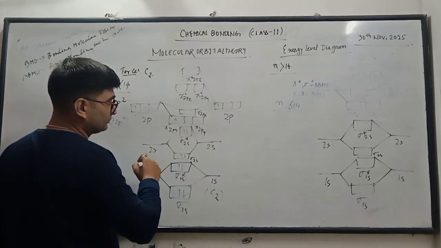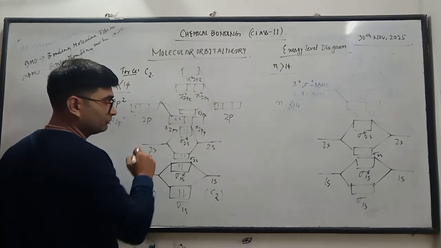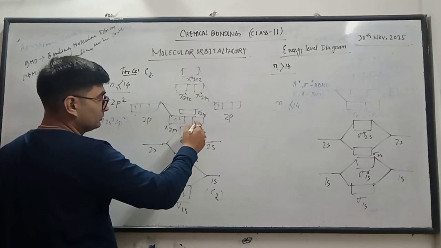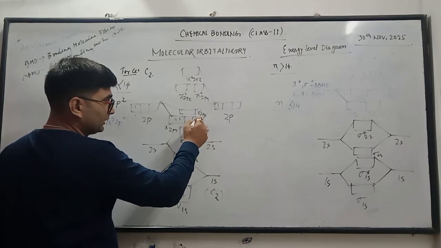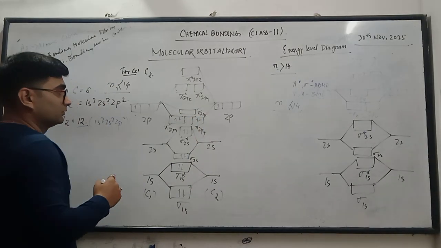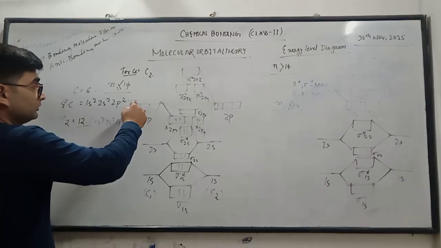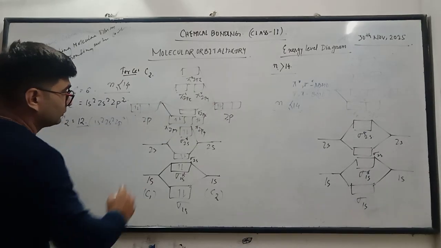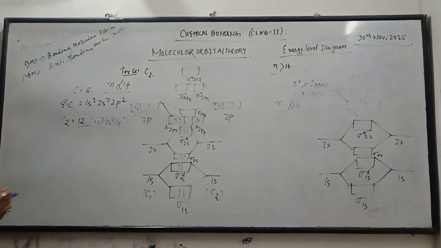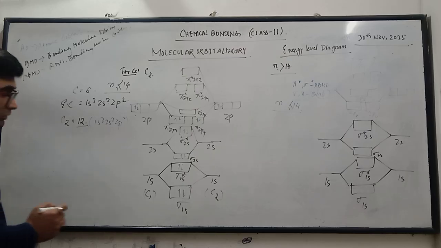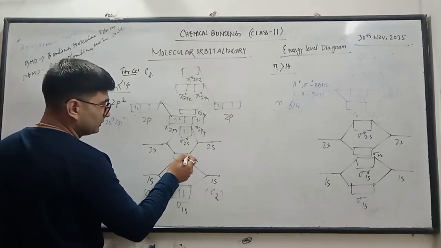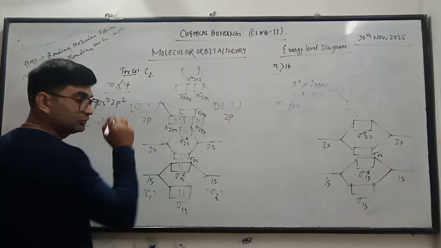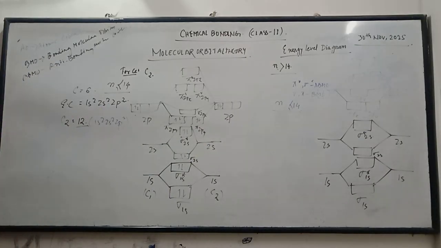So one is here, and again from another one here. Now 2 more, again here, right? So they are filled. Now 2, 4, 6, 8, 10, 12. This is how we can show it for C2, that is carbon 2.